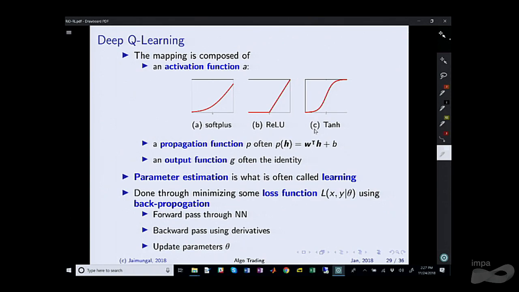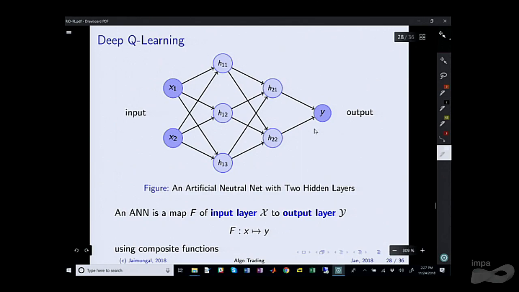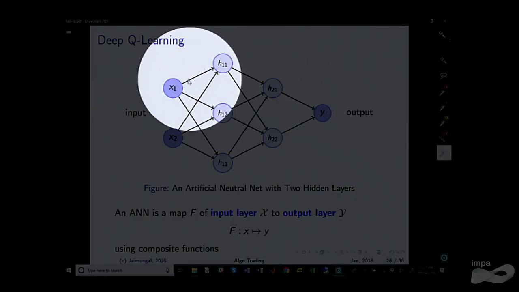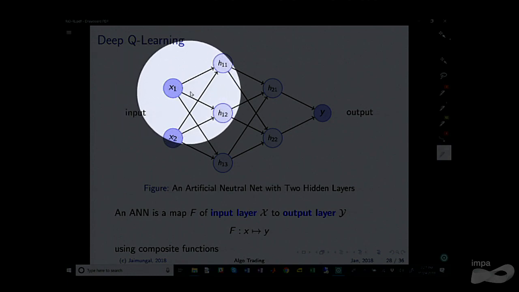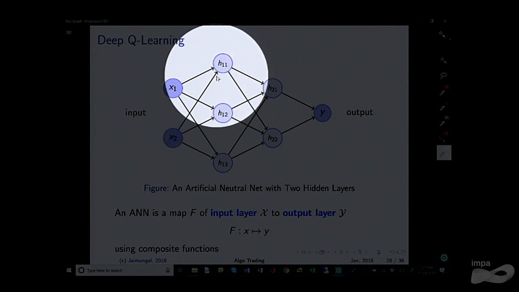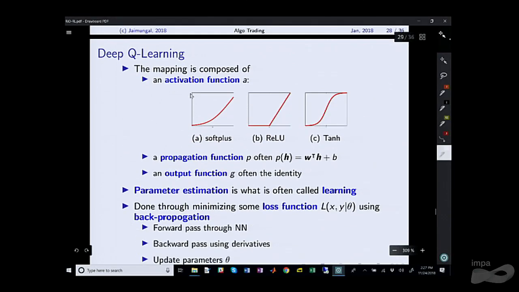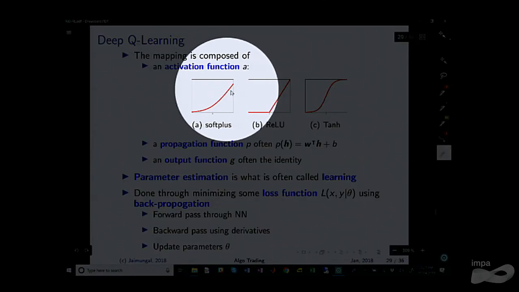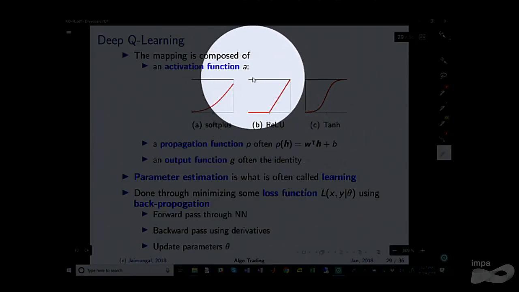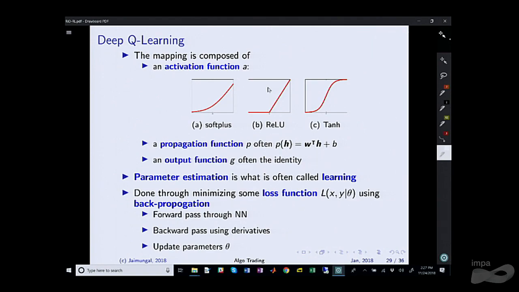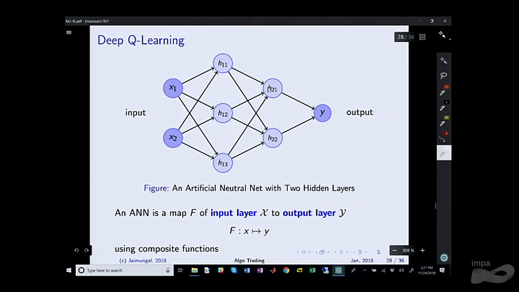And parameter estimation is what you call learning. So what you do in this connection here, for example, you take these, you apply an activation function to them, and then you take the weighted average of these according to this propagation function, and then you push it through this activation function, and that's what tells you what H11 is, for example.